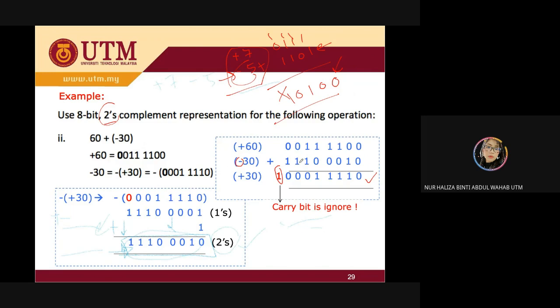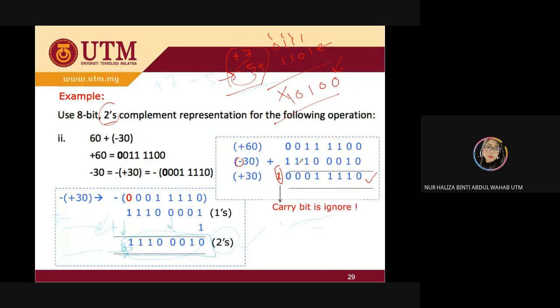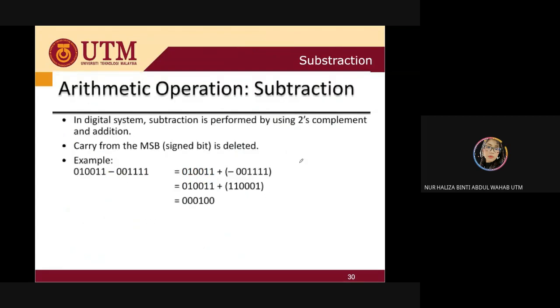Okay or not? Is there any question related to why you need to learn the first complement, second complement, where you can apply? If no, you can also apply the second complement for subtraction. For subtraction, similar to your additions, the carry from the MSB sign is deleted. You have an example.